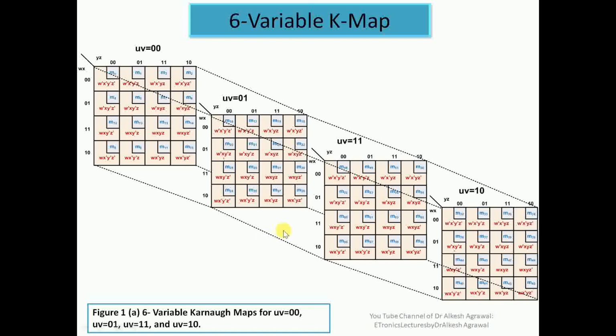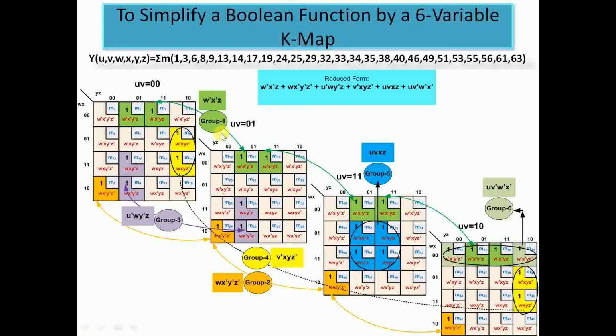So let us discuss this process of mapping and reduction with the help of an example. Here we have a 6 variable Boolean function which comprises a number of terms: 1, 3, 6, 8, 9, 13, 14, 17, 19, 24, 25, 29, 32, 33, 34, 35, 38, 40, 46, 49, 51, 53, 55, 56, 61 and 63.